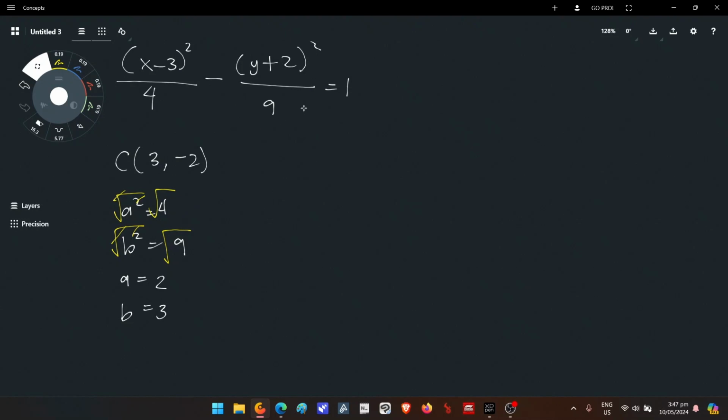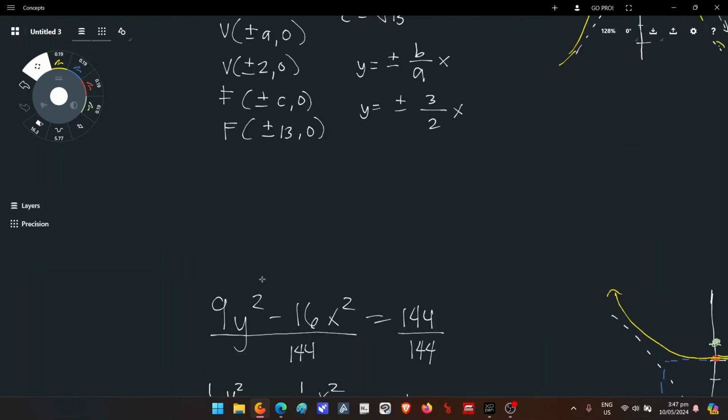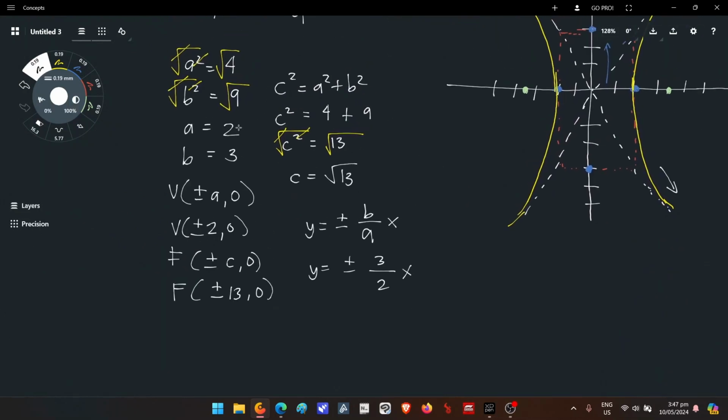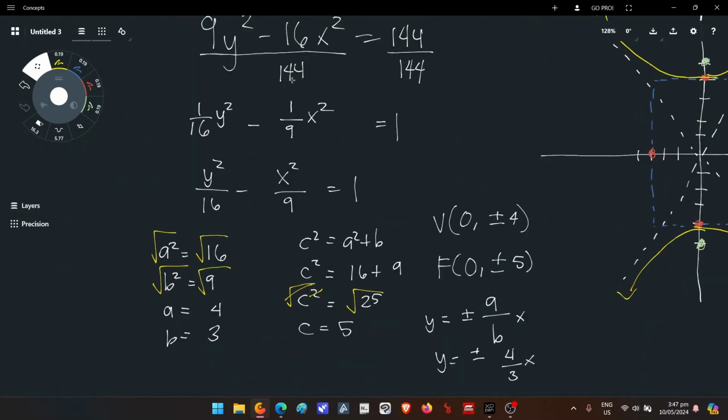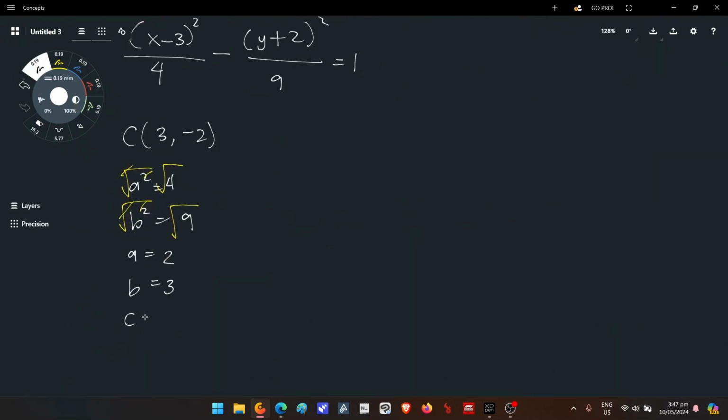And just like our previous example, using the Pythagorean theorem, c is equal to the square root of 13. So let's write square root of 13.